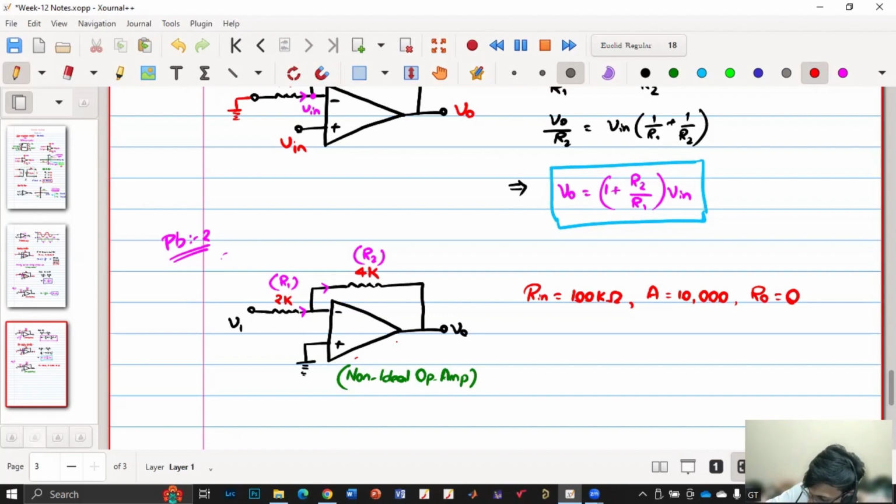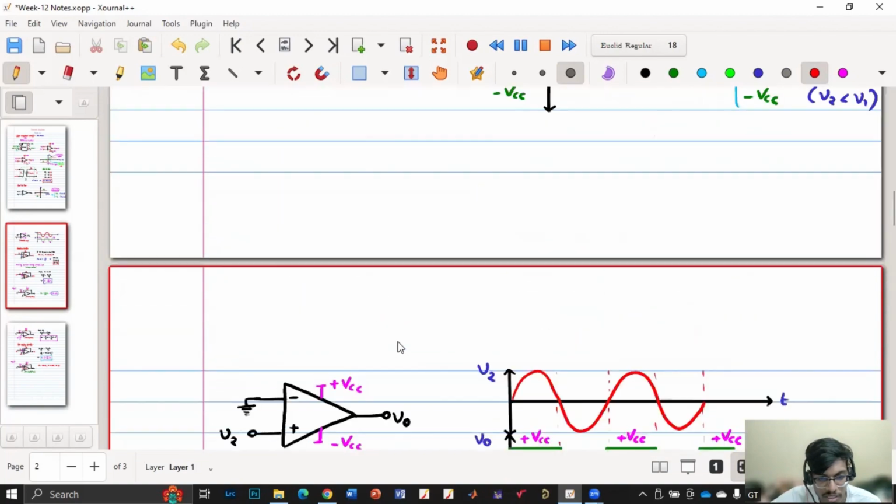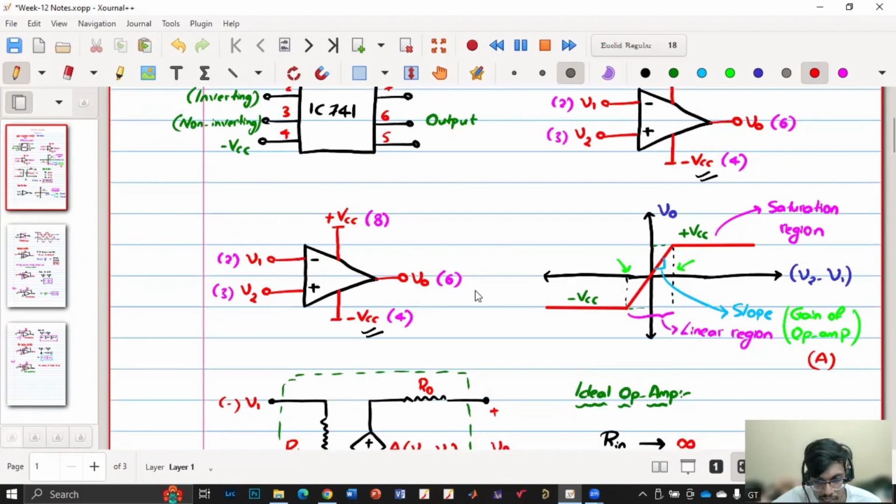So we can say that there is a very high input resistance R in. And now say this is my voltage VA. Now VA and ground are not shorted because it is not ideal. So VA has some finite value, because if it is working like an amplifier, then V1 minus V2 has some finite value.